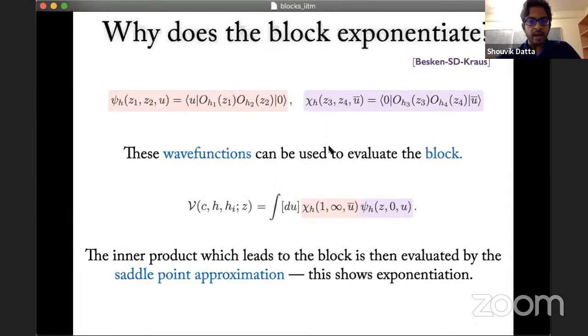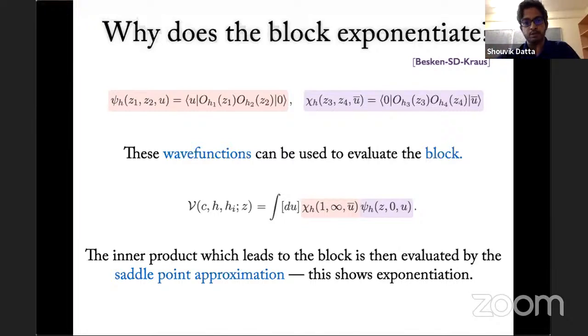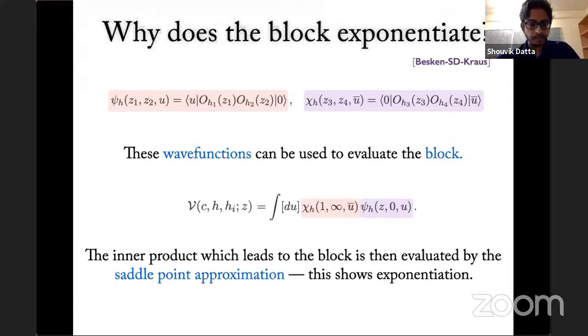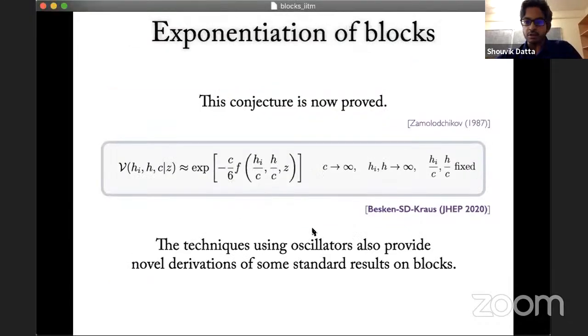And once one has these WKB wave functions, these can now be used to evaluate the block, and the block can then be evaluated in the saddle point approximation in the semi-classical regime, and that directly shows exponentiation. Okay, so this conjecture now stands proved.